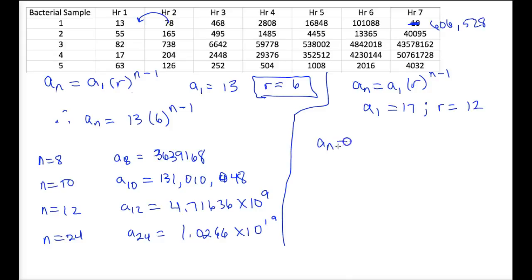And so now your geometric sequence formula would just be 17 times 12 raised to the n minus 1. And of course, again, we'll figure out what's happening at the 8th hour, at the 10th hour, at the 12th hour, and then at the 24th hour.